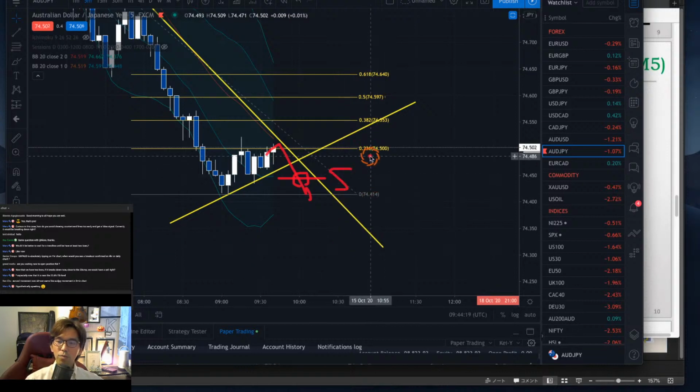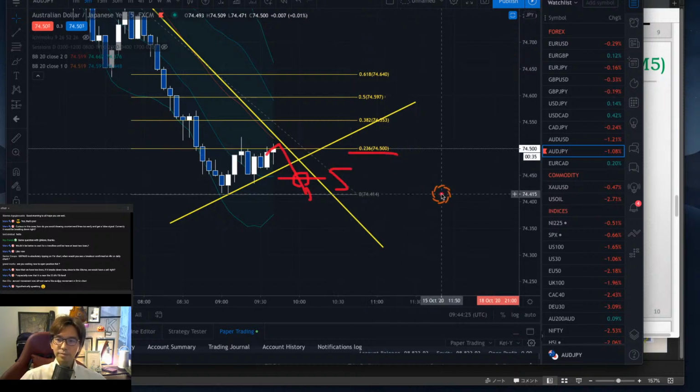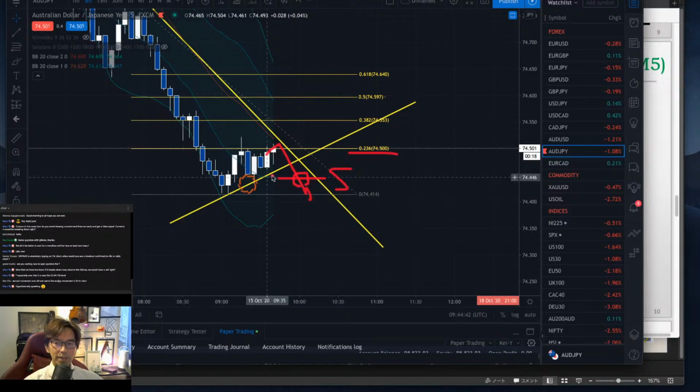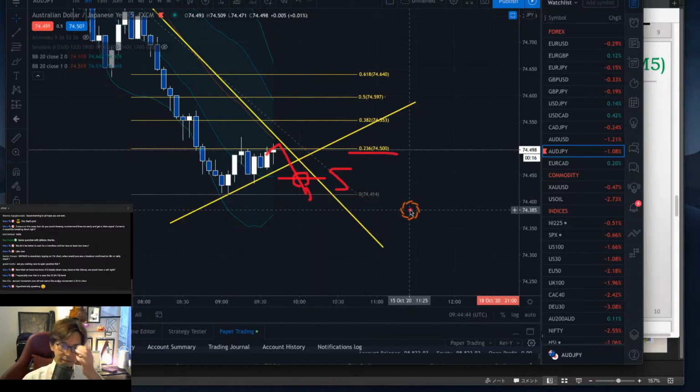And that will also be a 23.6% resistance. So we have 4 confirmations then. Yeah, especially if it's near 23.6%, that will be ideal to sell after the break of this trend line.